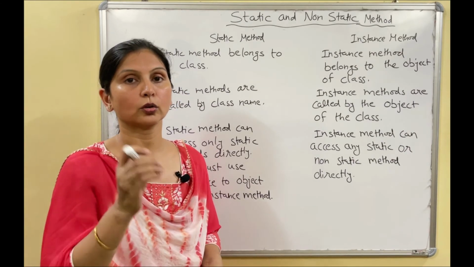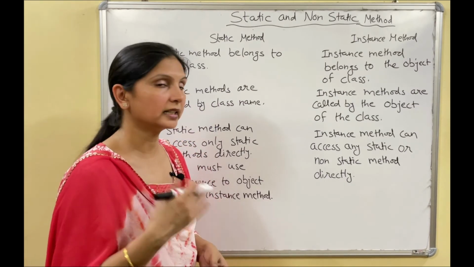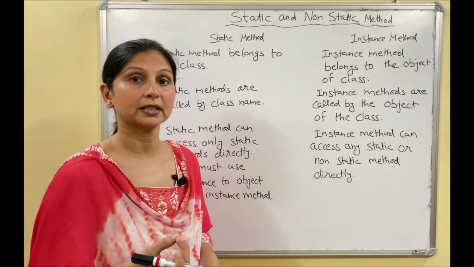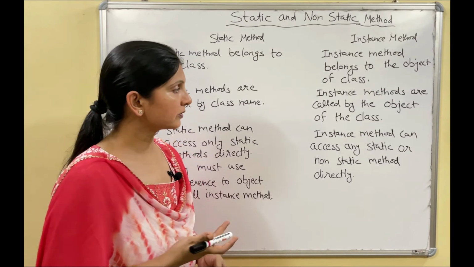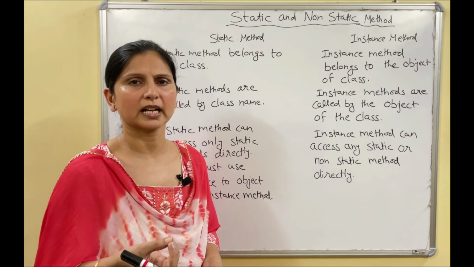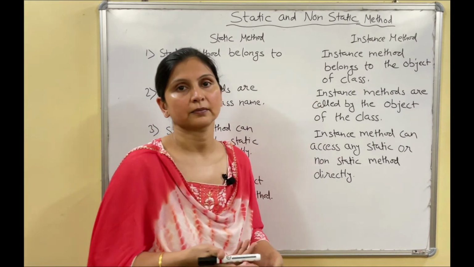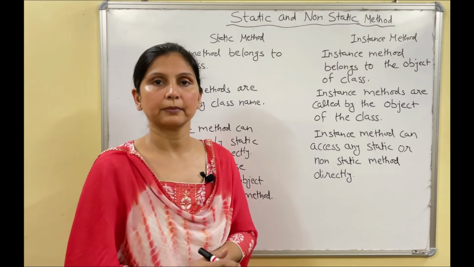We cannot override the static methods. So overridden method you will study later on, but there are some limitations with static. And one more limitation, static can access only static members. So there are some limitations with static. That's why we prefer instance method. Rest depends upon the requirement also.